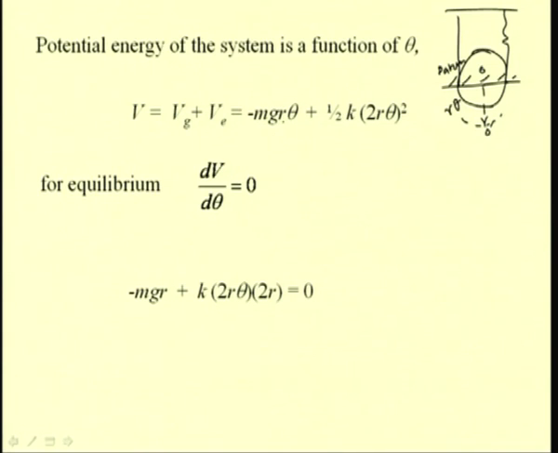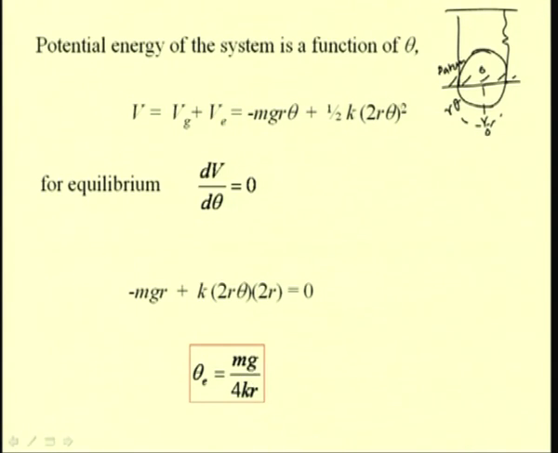So, the differentiation of this is mg r d theta, and the differentiation of this is k times 2 r theta times 2 r divided by d theta. So, that term gets cancelled and we equate this to 0. From this we get the equilibrium position theta e as mg divided by 4 k r.